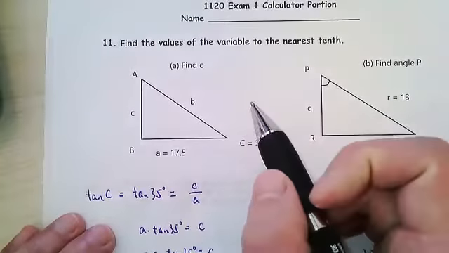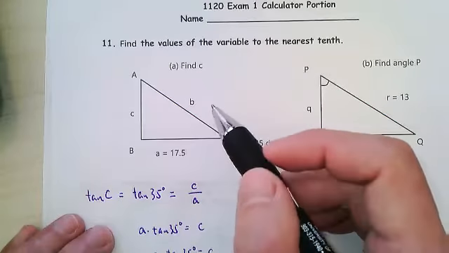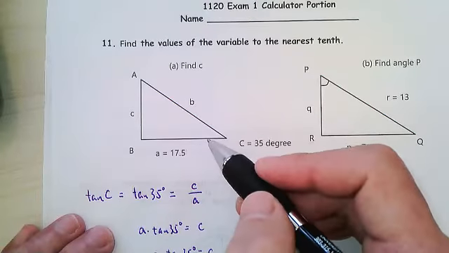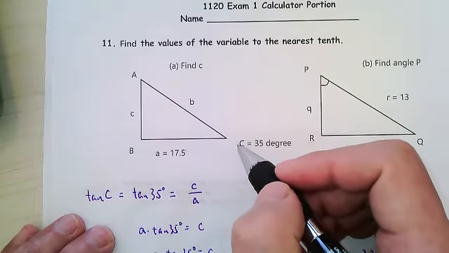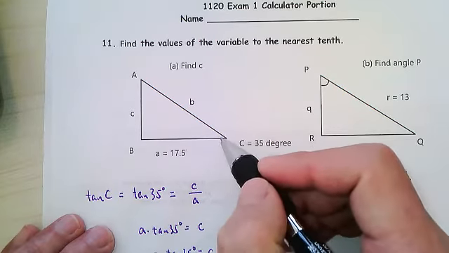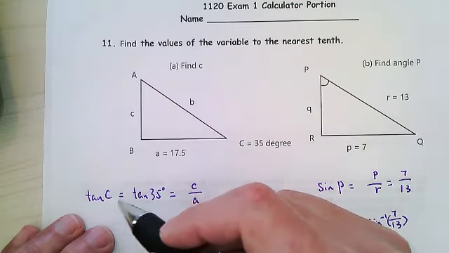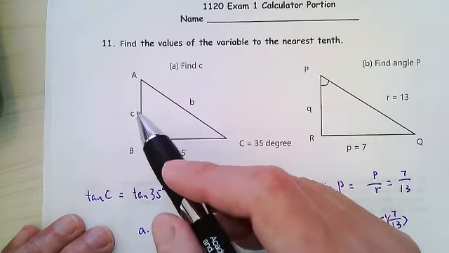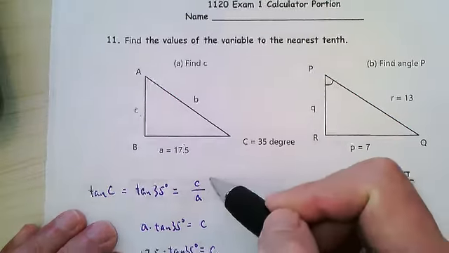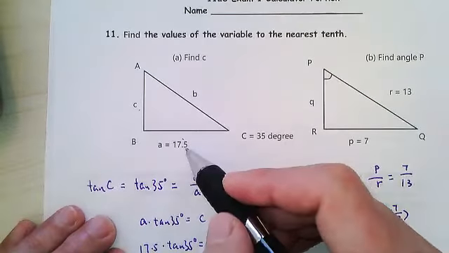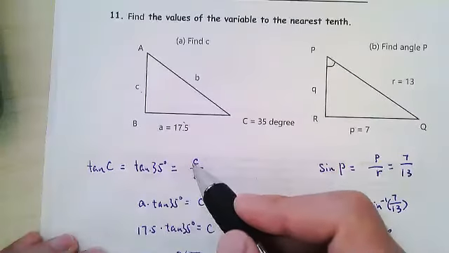In my eyes, the calculated part is even easier than the non-calculated part, since all you need to do is just plug into the calculator. The angle is 35 degrees, which is here. Tangent of 35 degrees is C, this side, divided by A. You know A, and you know the angle already. So tangent 35 is C over 5.